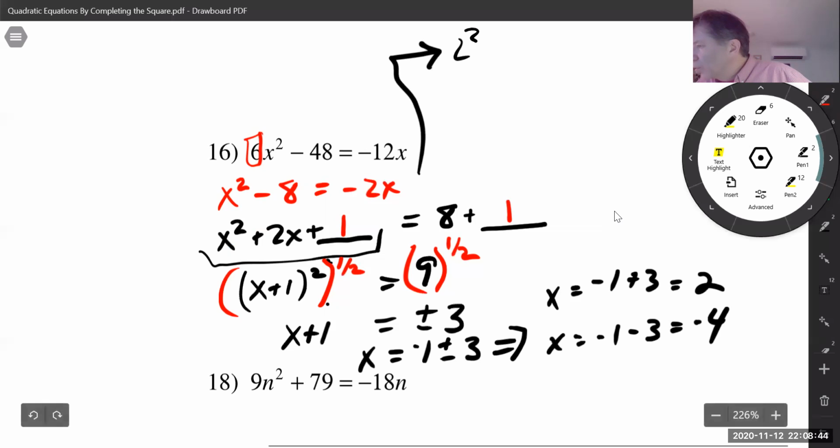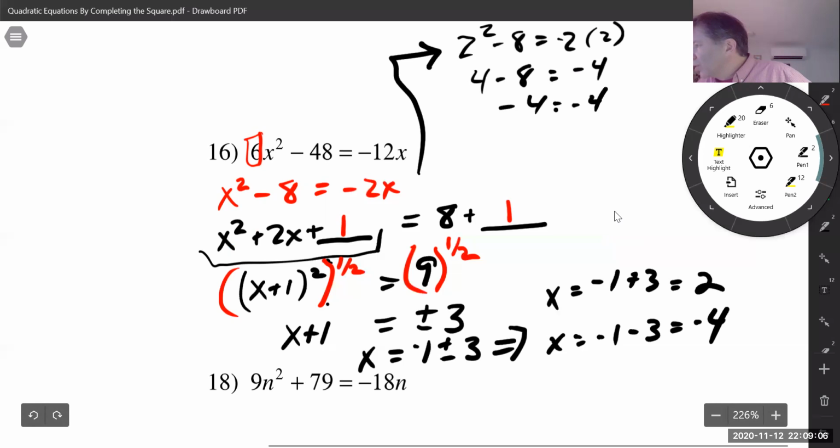I get 2 squared minus 8. Does that in fact equal a minus 2 times 2? So I end up with 4 minus 8 is equal to negative 4. In fact, that does work.